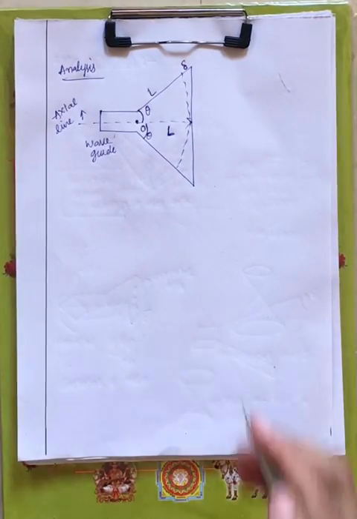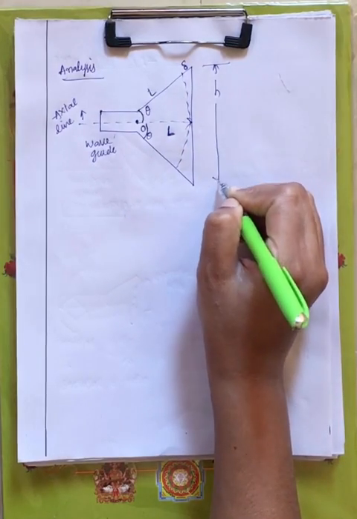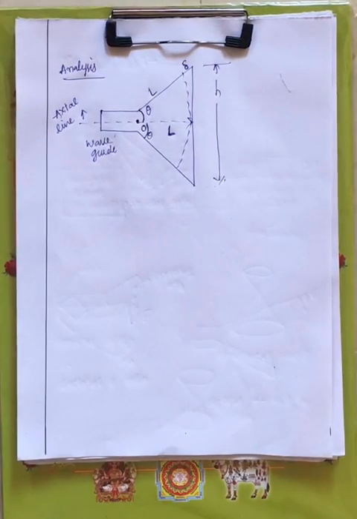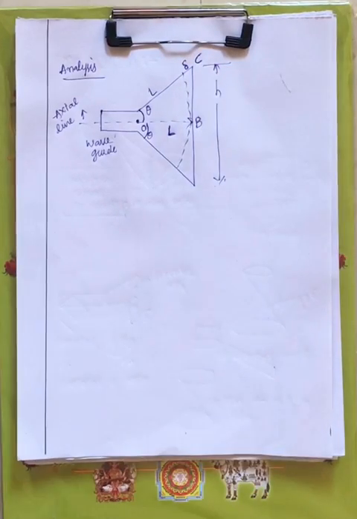Now this is denoted by height h, which is the height of the horn antenna. And L is the axial length, and theta is the flare angle. Now this point we define as B, and this point we define as C.